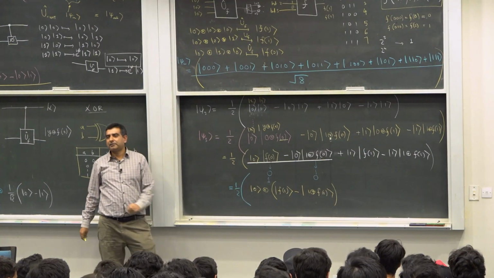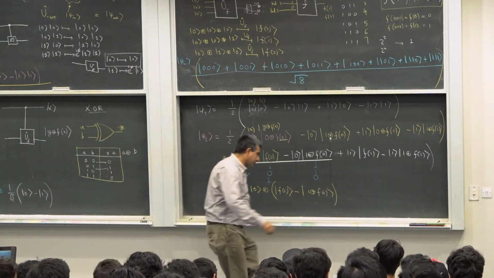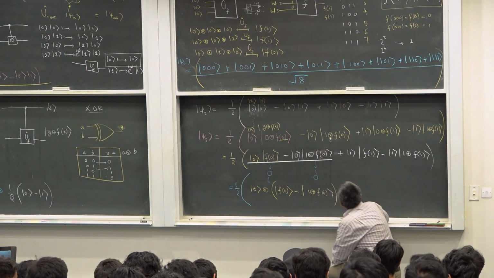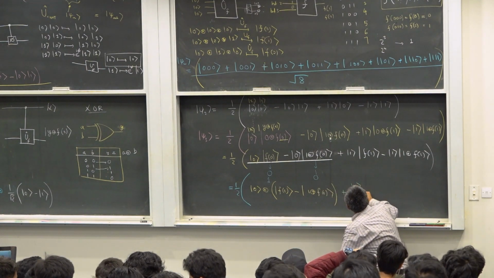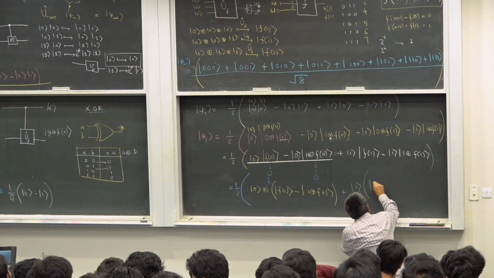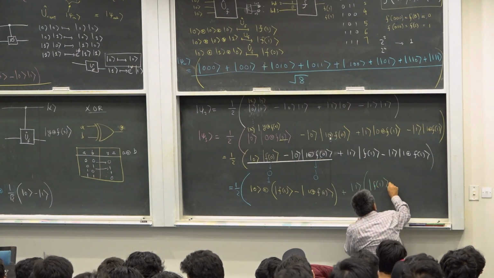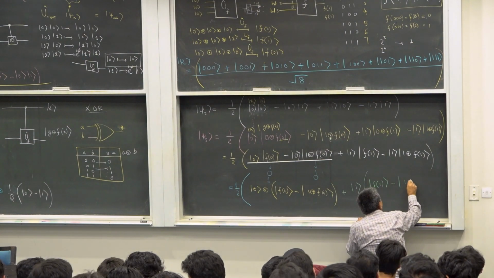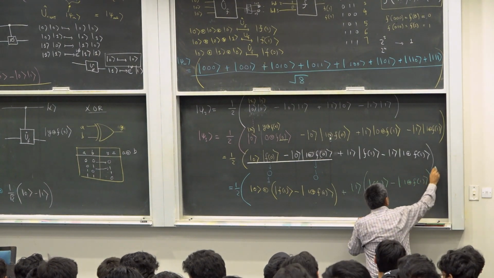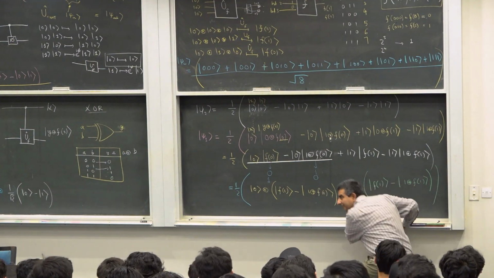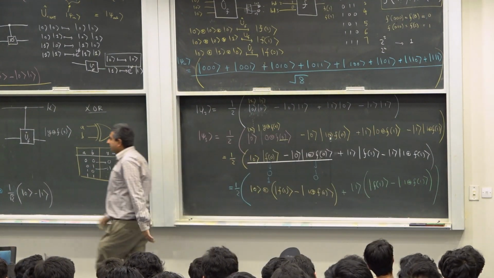Can I do that? Yes. So far so good. Likewise, this term would become plus ket 1, f of 1 minus 1 exclusive OR f of 1. Got it? Fine. So far so good. Just factorization.